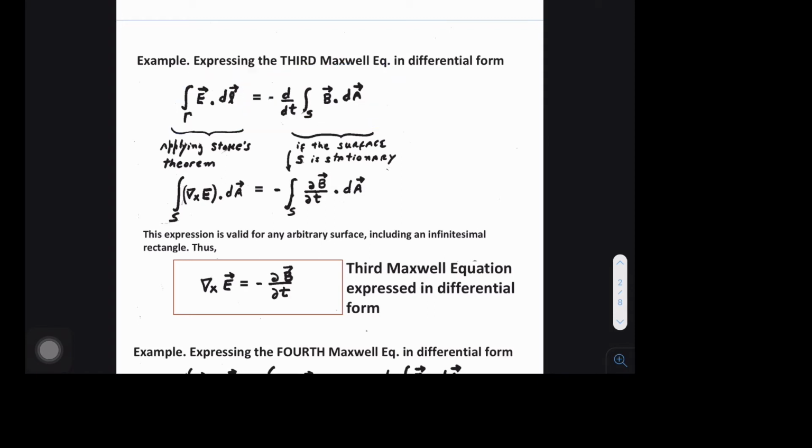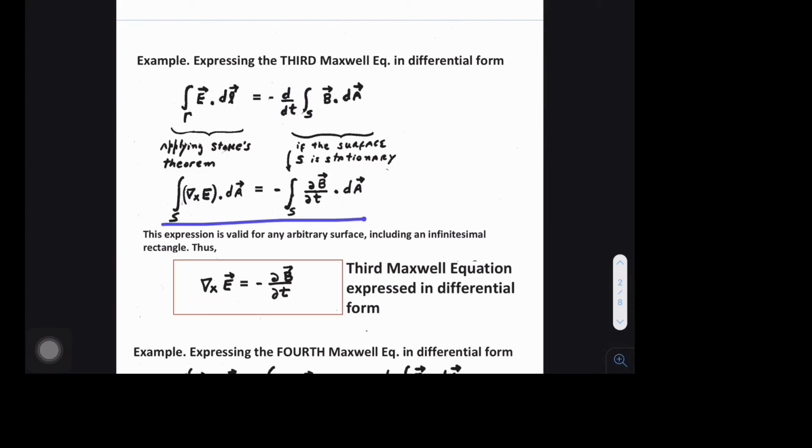Now applying Stokes' theorem, this line integral can be written as the surface integral of the component of the curl of the electric field normal to the area of the loop. And in the case of a stationary surface, we can pull this differential operator inside.